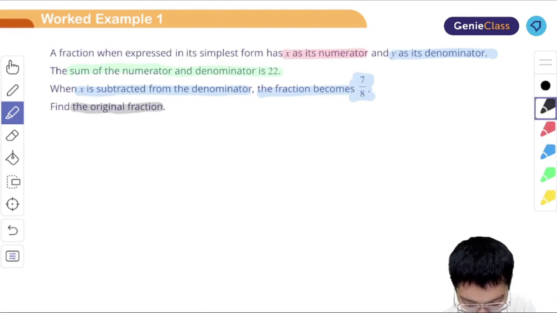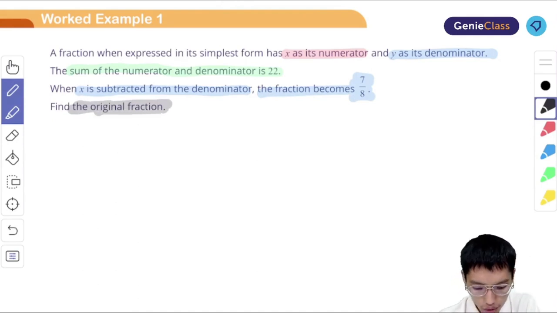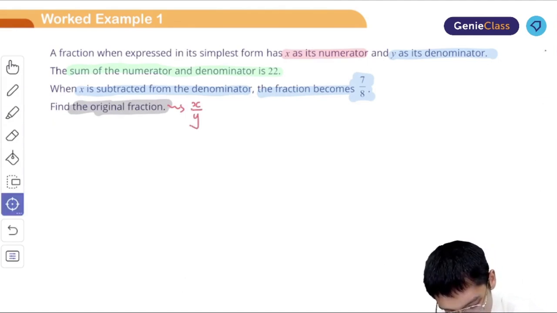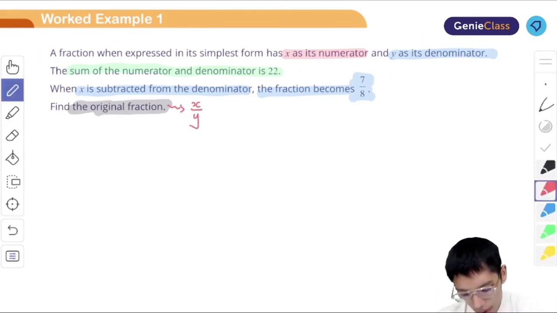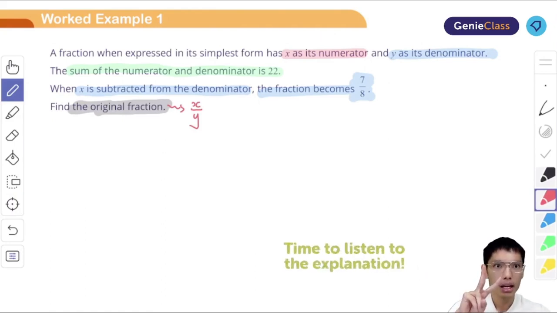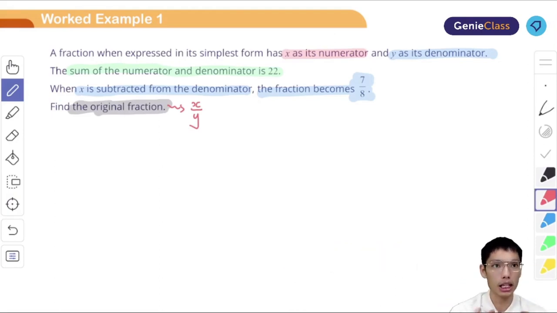Okay, so this is an example of a simultaneous linear equation whereby it may not directly tell you x and y, but essentially from here they're asking you to find x over y because of this part. Now, based on this question, we need two equations, right? We need two equations. So from here, can anybody tell me, before we follow up, I want your guidance as well, what is a particular equation I can come up with based on the information over here?